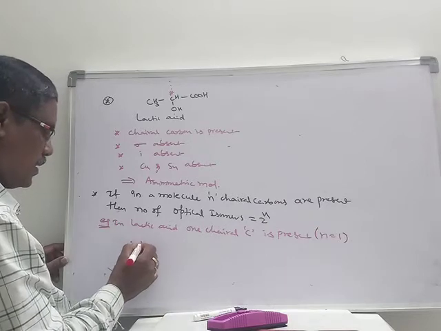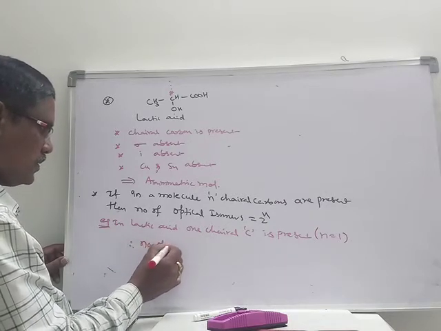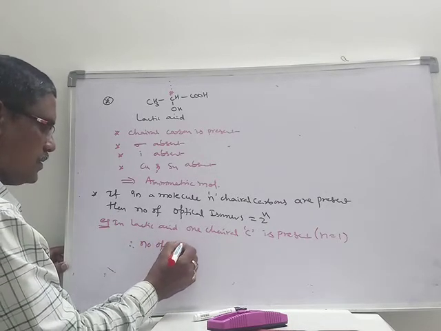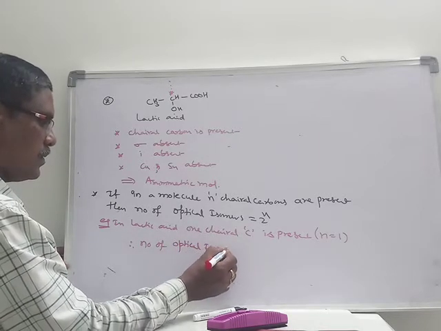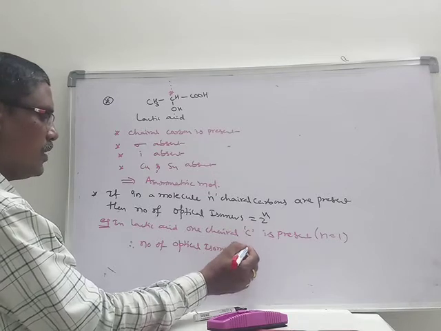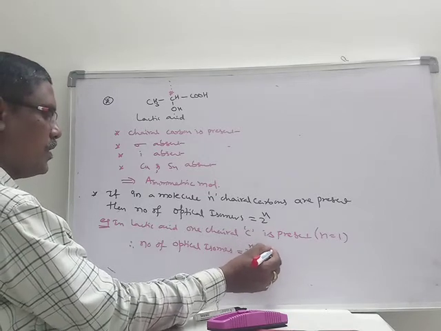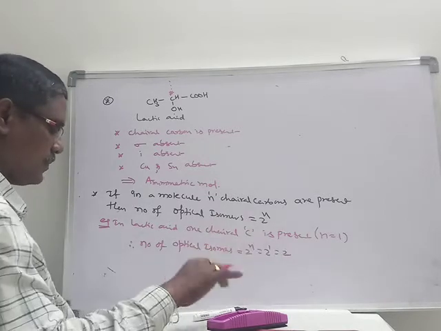Therefore, the number of optical isomers is equal to 2 to the power of n, 2 to the power of 1, which is 2.